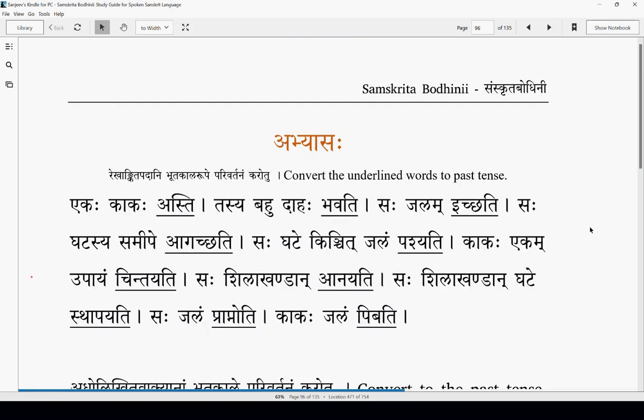So it will be saha jalam praptavan. So kakah jalam pibati. Kakah jalam pitavan, is it? Pitavan. Yeah, right.